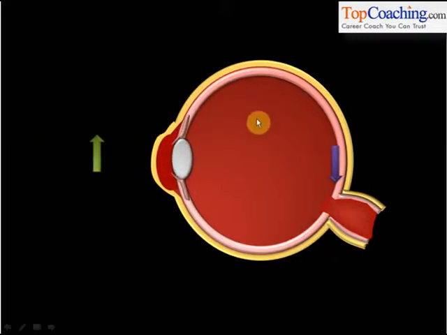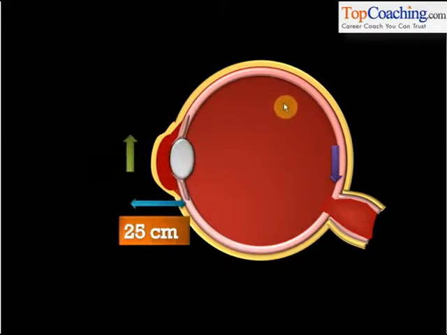It has been found out that the eye lens can converge the rays at the retina up to a distance of 25 centimeters. If an object is closer than 25 centimeters, then the eye lens cannot converge the rays at the retina. A normal eye lens, that is. It can converge the rays at a distance greater than that of the retina. The image distance will become greater than the distance between the eye lens and the retina.